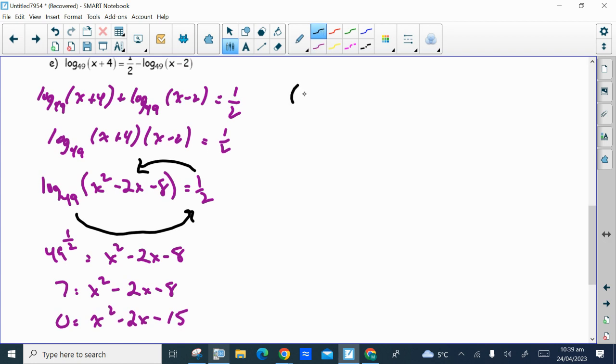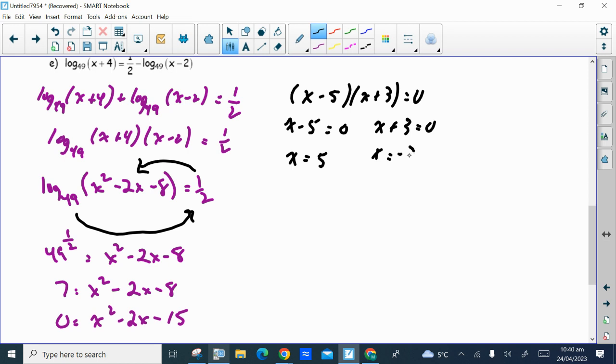The factors are x minus 5, x plus 3. So our solutions will happen when each factor equals 0. So that gives us positive 5 and negative 3.